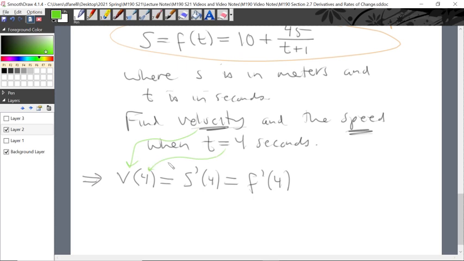It's the rate of change of the position. Now in Leibniz notation, this is the same as saying ds over dt, where t is equal to 4, or df over dt, where t is equal to 4. So it's Newton versus Leibniz notation.